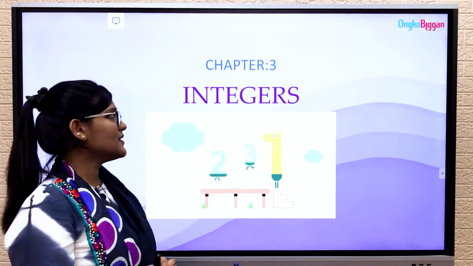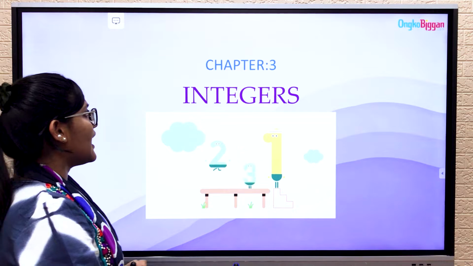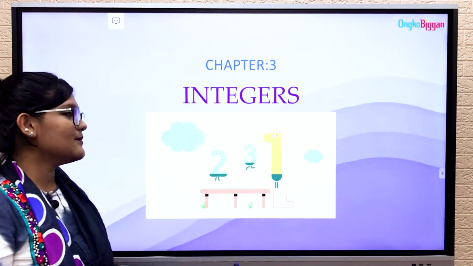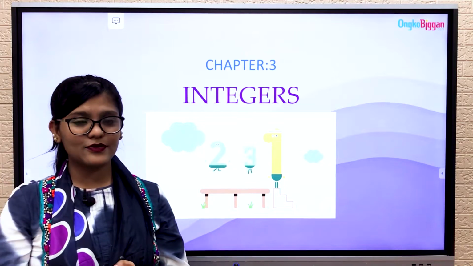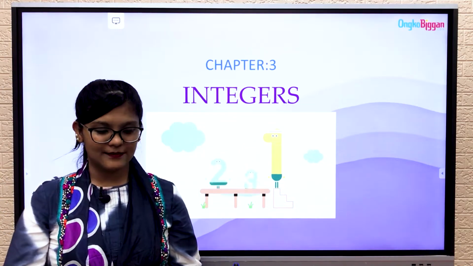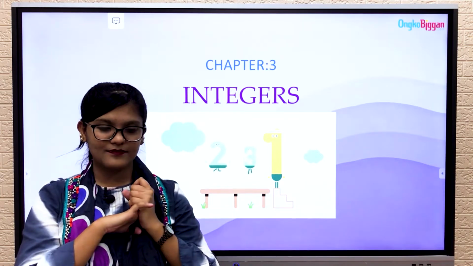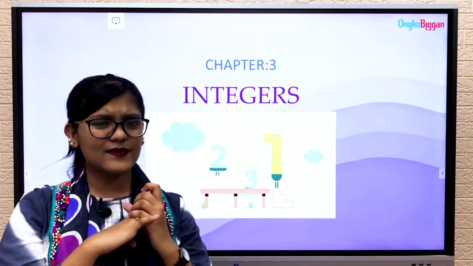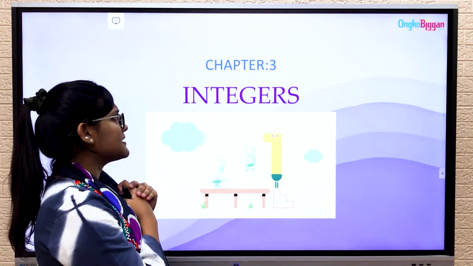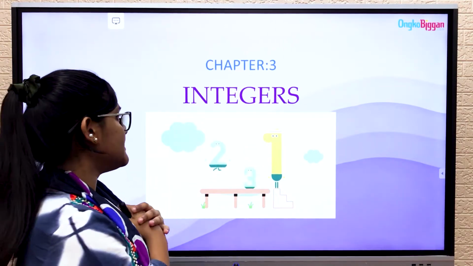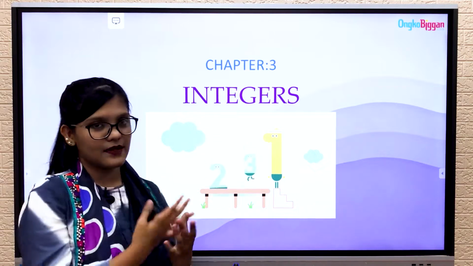Okay, so today we are going to start with our chapter 3, that means the third chapter of our book. In the previous chapter we talked about ratio and percentages. The previous two chapters have no link with this chapter, but it has some connection with chapter number 1, because integers are all about whole numbers.